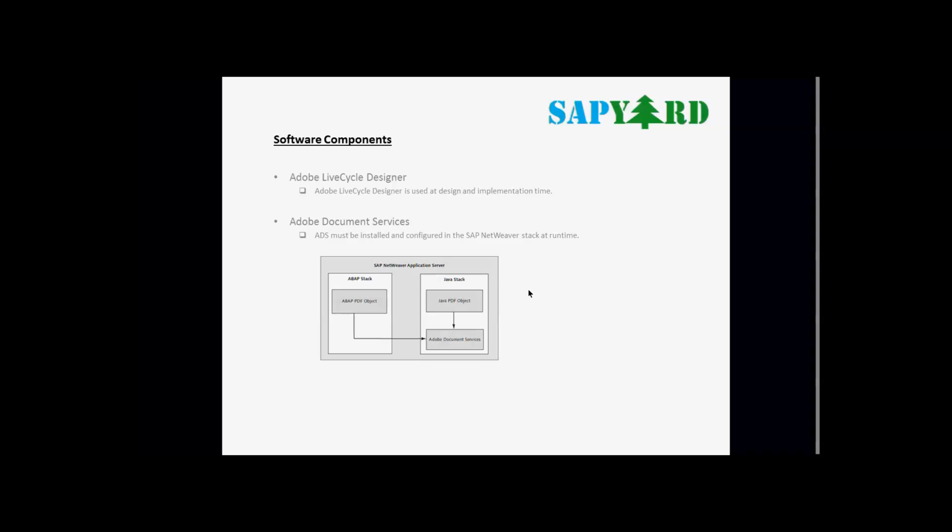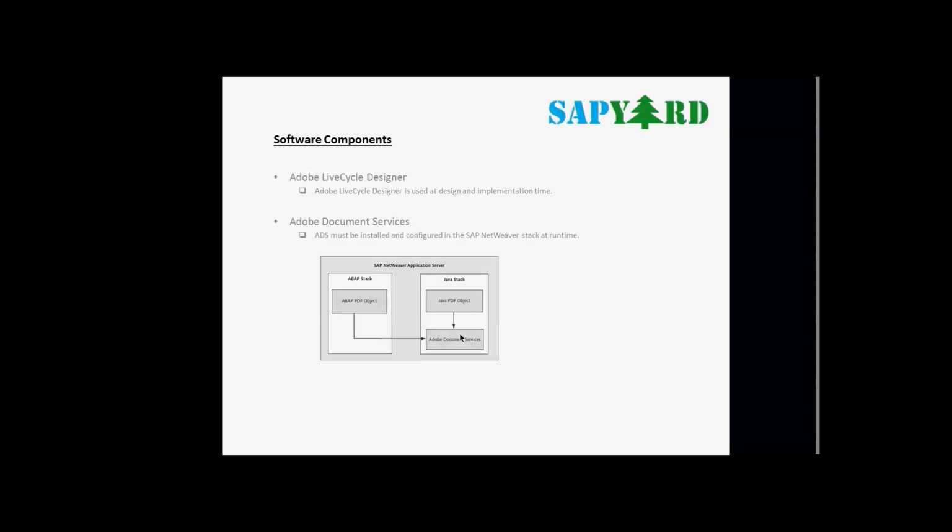He can first set up the Java stack on your NetWeaver application, and then set up the ADS on that. SAP also gives a default ADS setup with NetWeaver, but it will not work directly because in the background some authorizations have to be set up to activate those connections. As soon as those are done, ADS will be ready to be worked upon.